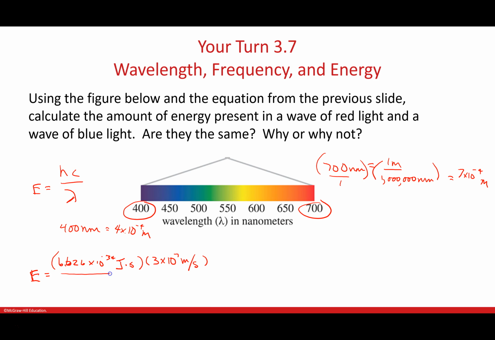Let's do violet first. So 4 times 10 to the negative 4th, and the units there are meters. Let's cancel the units that can cancel. What units do you think can cancel? Meters.